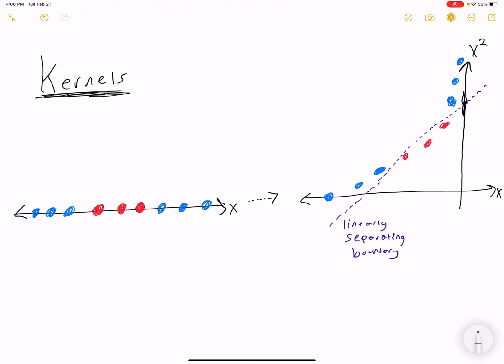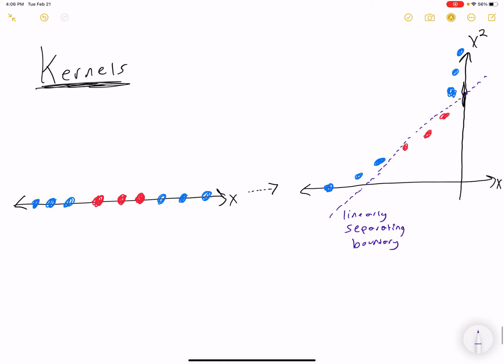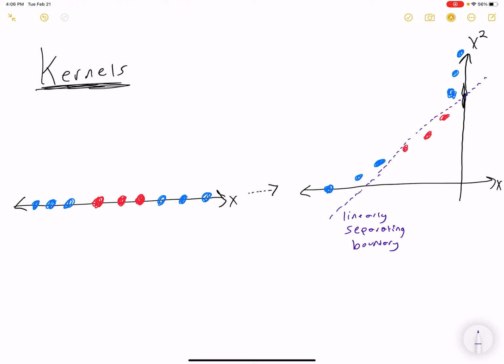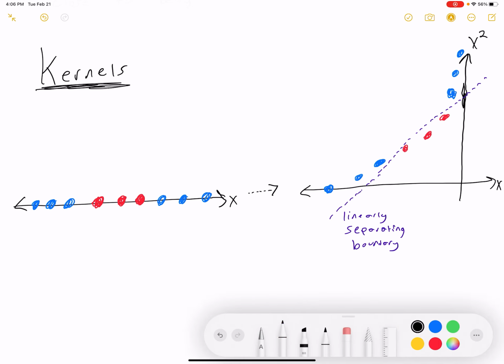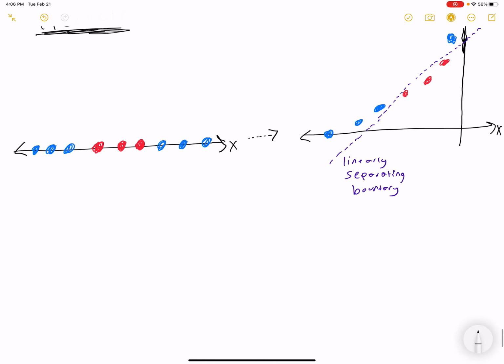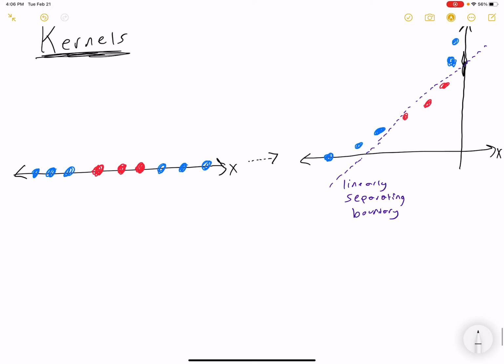But it's kind of hard to do. Isn't that cool? You can take any crazily non-separable data and put it into high dimensional space, and now you can use lines or high dimensional versions of lines to separate them in that space. So that's the basic idea of kernels.